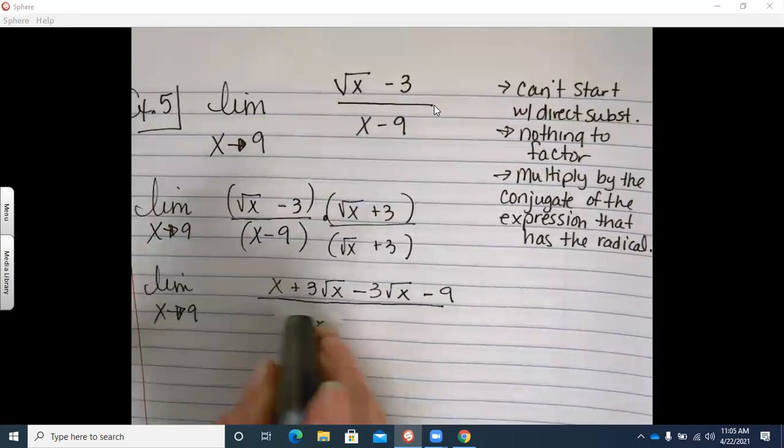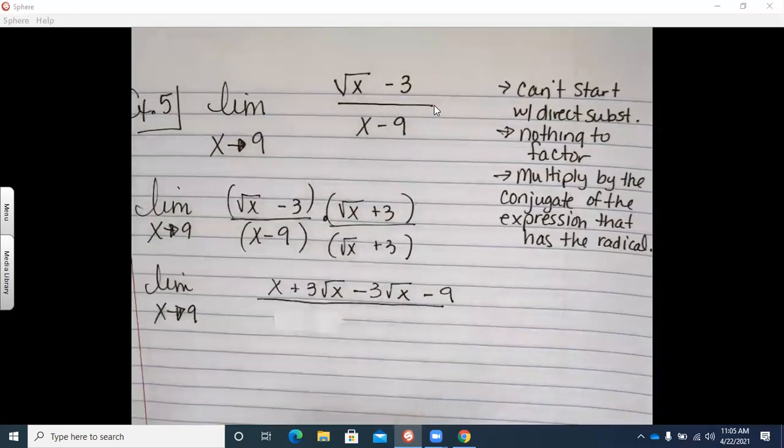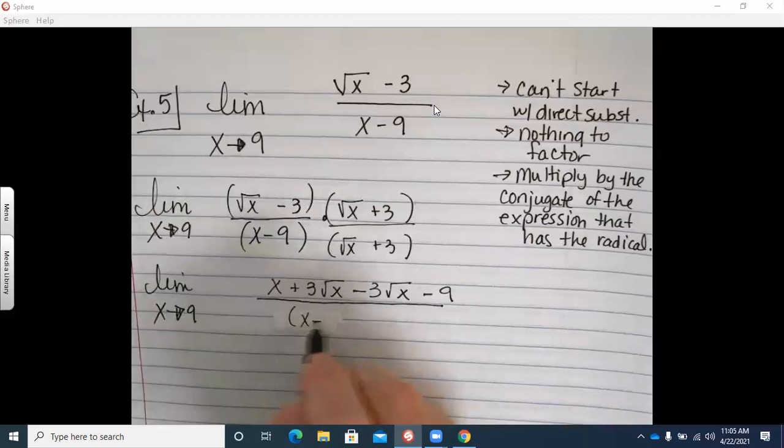However, you know how we really want something to cancel our denominator out? If we multiply these together, then we're going to have to refactor it, and we don't want to do that, especially with that radical. So let's not multiply the denominator together. Let's just leave it in this factored form.